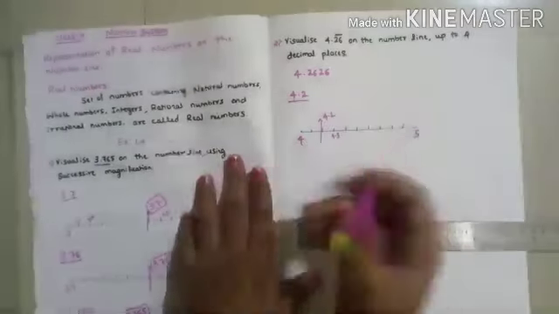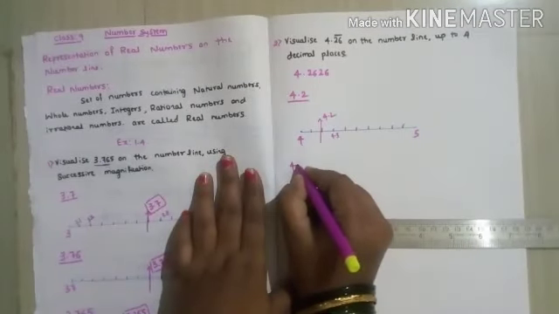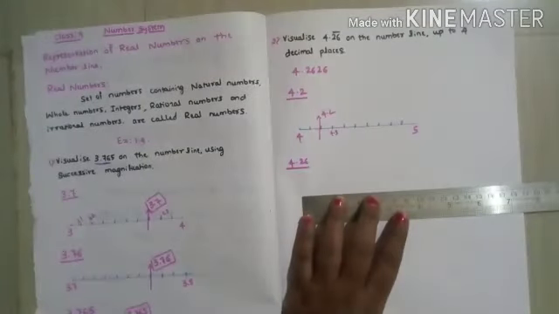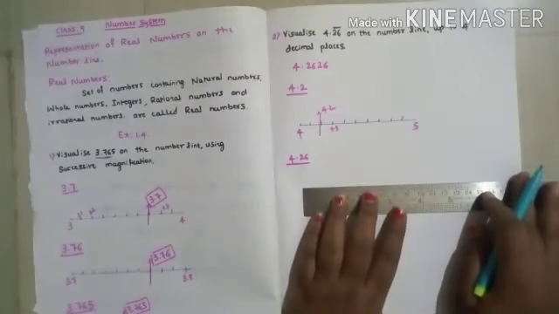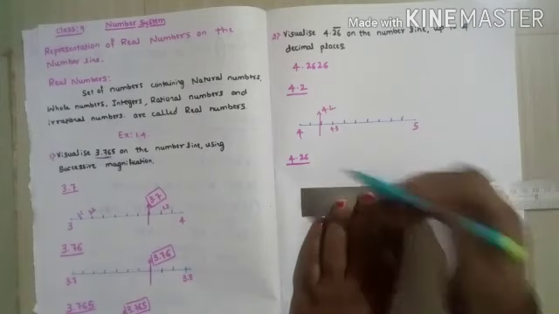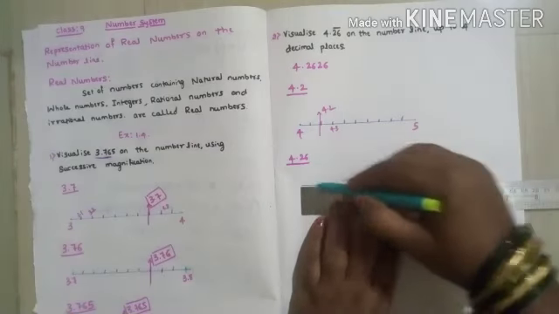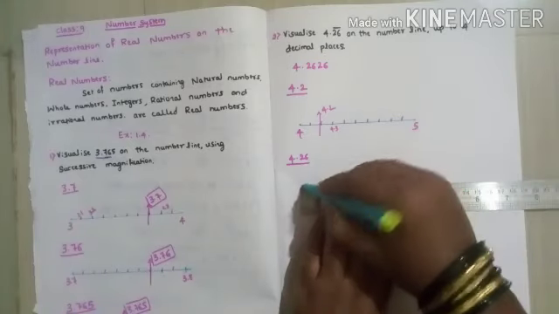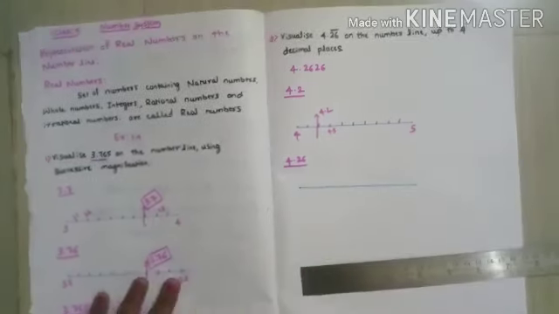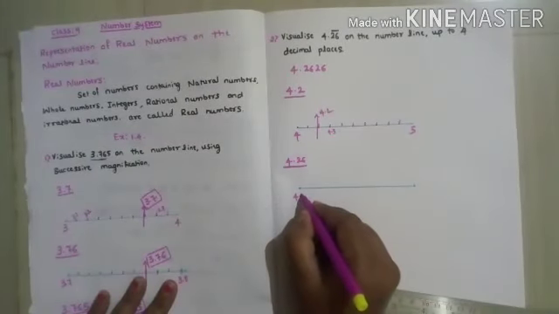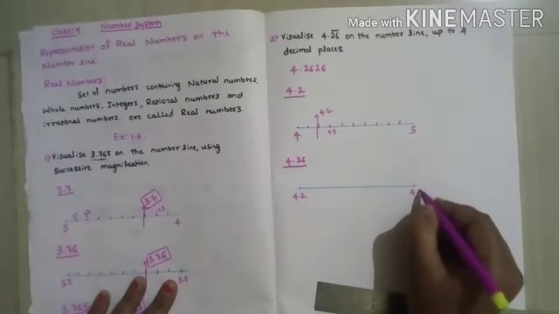Next we want to represent 4.26, so draw the line for that. A 10 centimeter line I am taking. So 4.2 to 4.3: starting point is 4.2, end point 4.3.